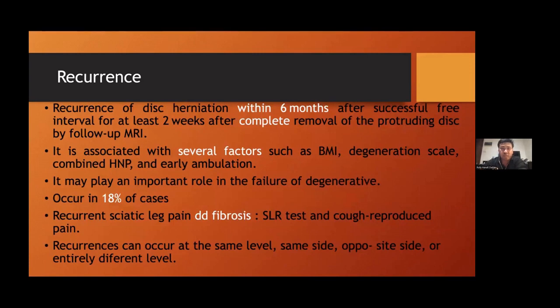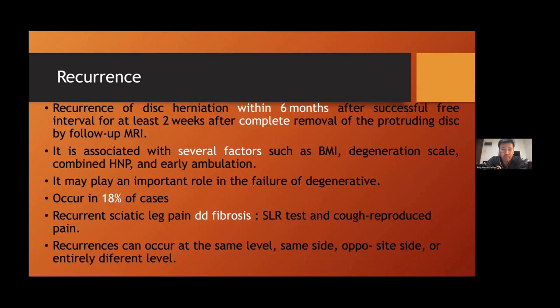Recurrence within 6 months is defined as recurrent disc herniation within 6 months after a successful pain-free interval of at least 2 weeks, with complete removal proven by follow-up MRI after 6 months. It is associated with several factors, as Dr. Sandip already mentioned, that play an important role in the failure of degenerative disease, occurring in 60% of cases somehow.